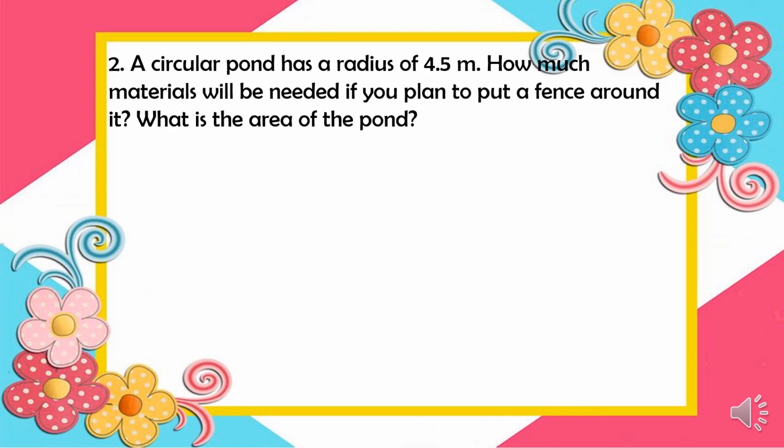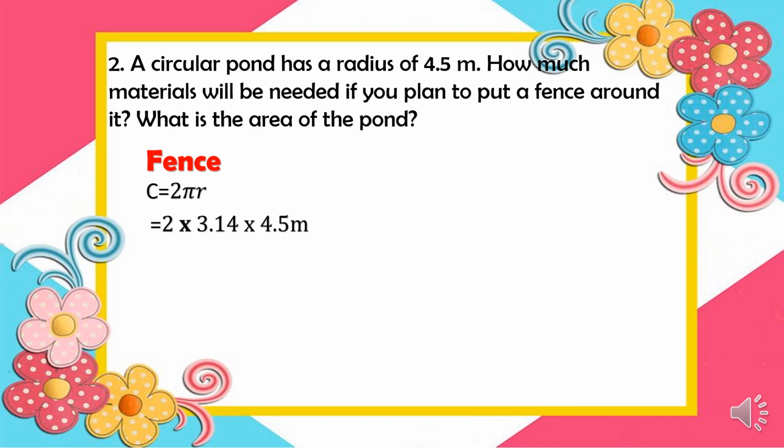And for number 2, a circular pond has a radius of 4.5 meters. How much materials will be needed if you plan to put a fence around it? What is the area of the pond? So let us get first the fence. Okay, so the circumference of the fence. So we will be using the formula C equals 2 pi r.